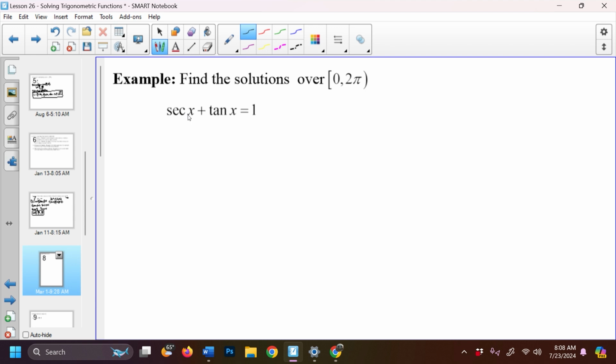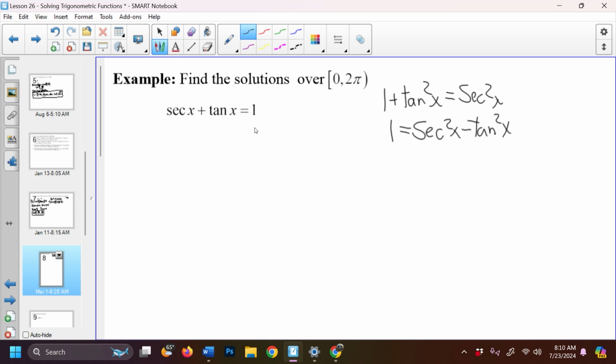But I do know one of the Pythagorean identities that says that 1 plus tangent squared x is equal to secant squared x. If I subtract the tangent squared x and rewrite this as 1 equals secant squared x minus tangent squared x, I could substitute in a 1 for that.